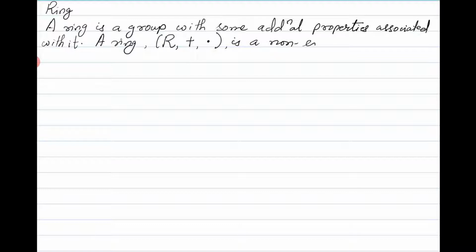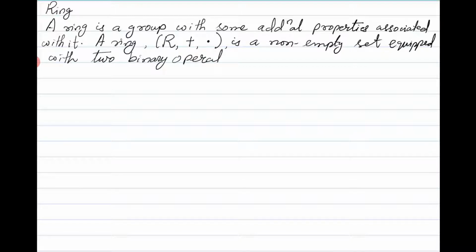A ring is a non-empty set equipped with two binary operators. What are the two binary operations?